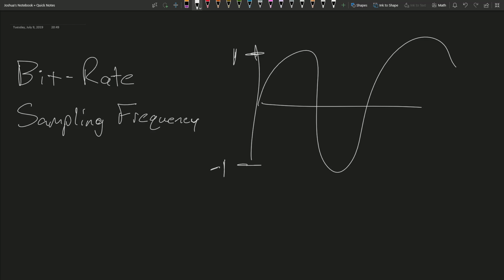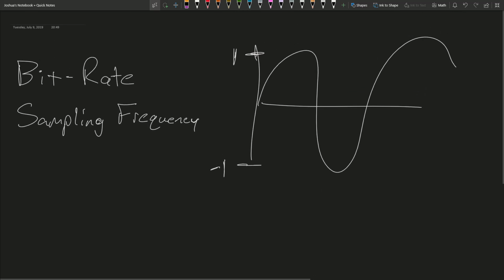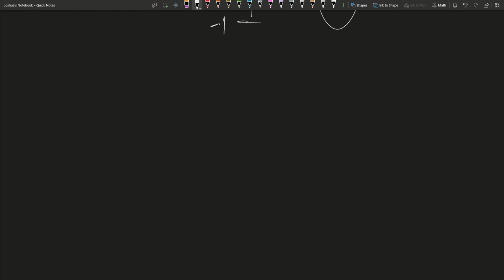If we zoom in on it, what we'll actually see is little staircases. So the bit rate will determine the minimum length between these different steps.